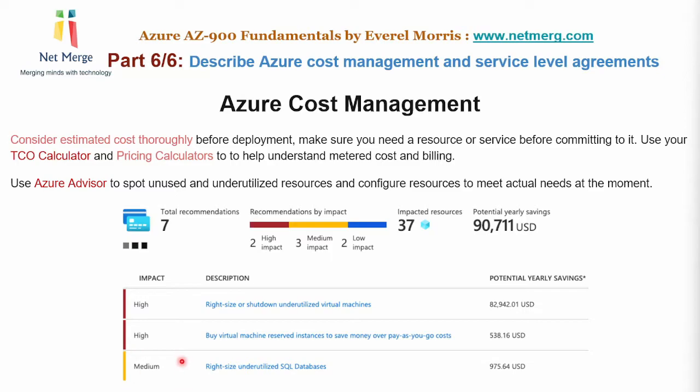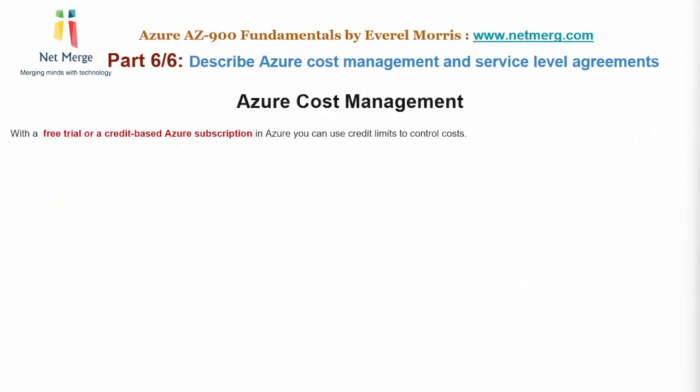You should have a low as well because there are 2 lows. And then you get a general understanding of what you would save if you follow those recommendations. So you have a cool cadre of tools that, if you use them wisely and properly, can really help you to manage your cost in Azure. So that's a good part of the cost management feature in Azure, and we covered most of the features.